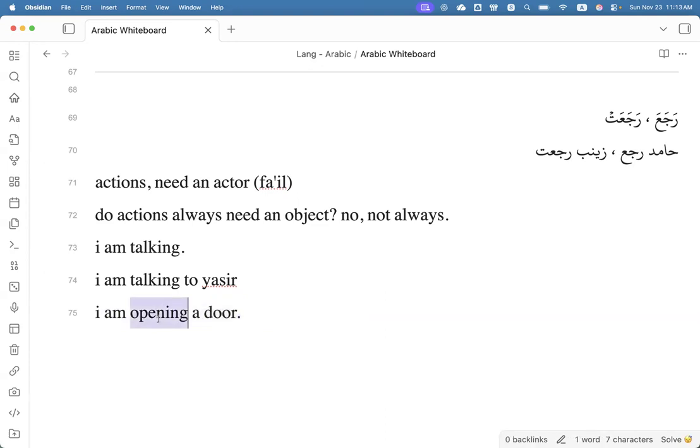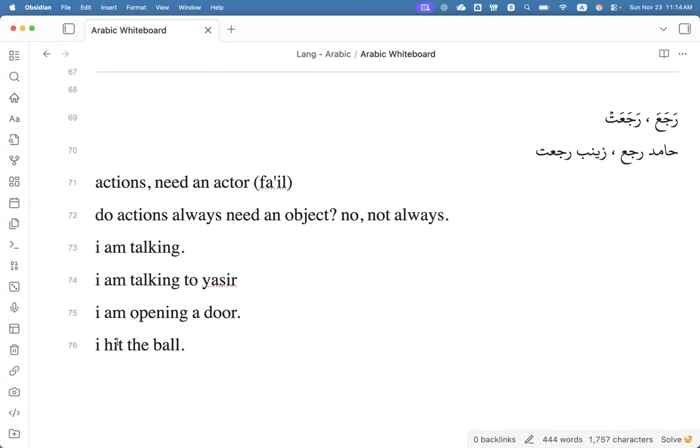So some verbs require an object, or some sentences require an object. For example, I hit what? So what's the question? What did you hit? I hit the ball.